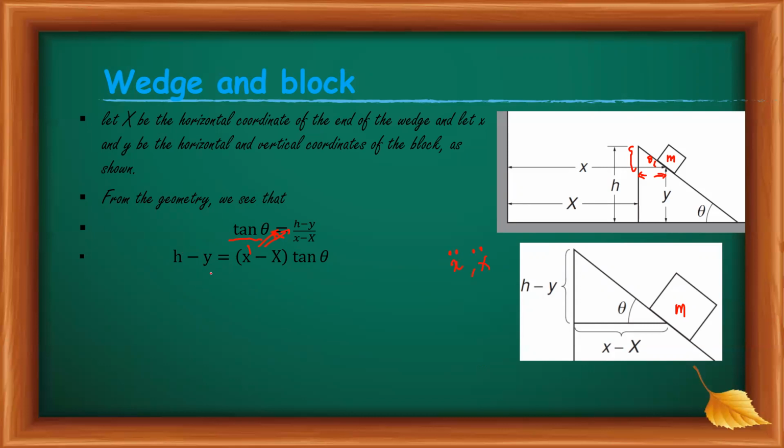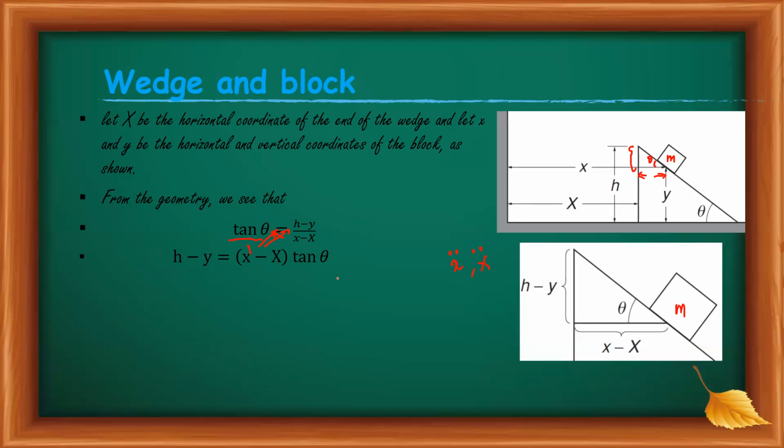Here we find the derivative, 2 times. When we find the derivative of h minus y equals x minus X times tan theta, what is the result?